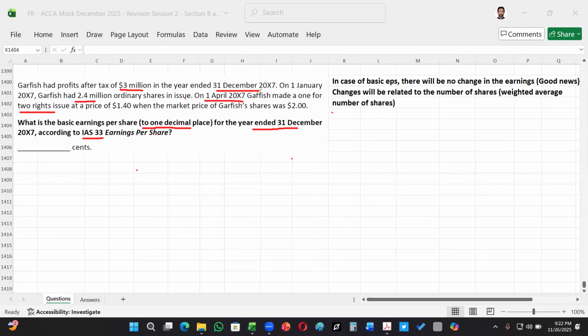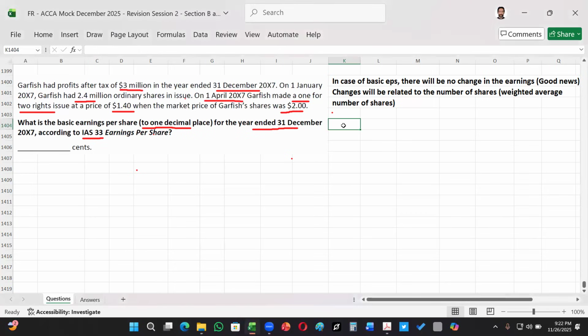So we gave one new share for two held, at a price of $1.4, when the market price of Godfish shares was $2. So before the rights issue, the price was $2, and the rights issue was for $1.4. Let's write these initial details before we go on.